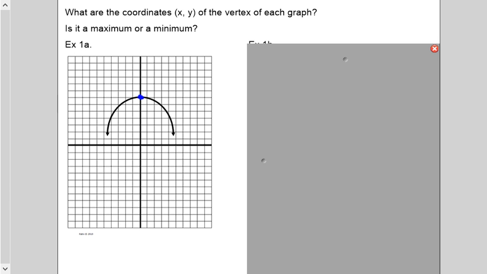So I travel 0 side to side. And then I go up 1, 2, 3, 4, 5, 6, 7 places. So the vertex would be at the coordinates, or the ordered pair, (0, 7). Since that vertex is at the top of the mountain, that would be a maximum, because it's the highest spot on that graph.